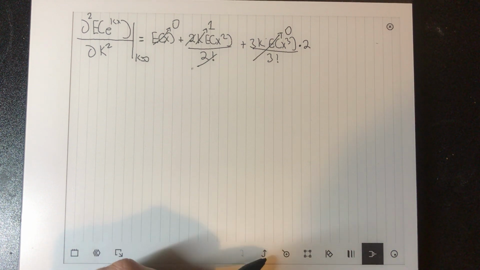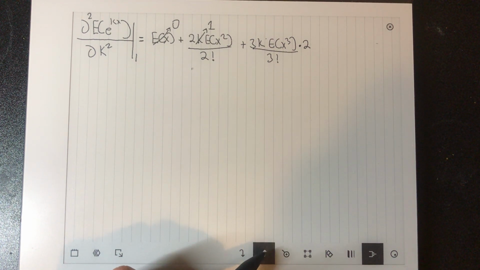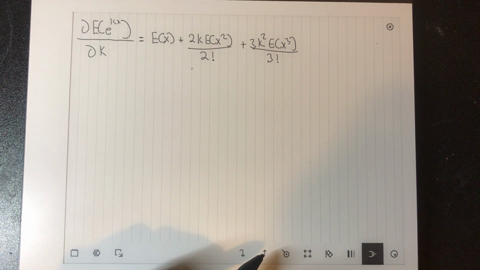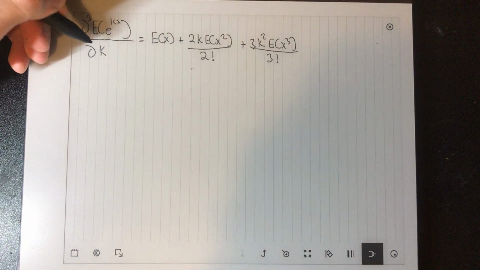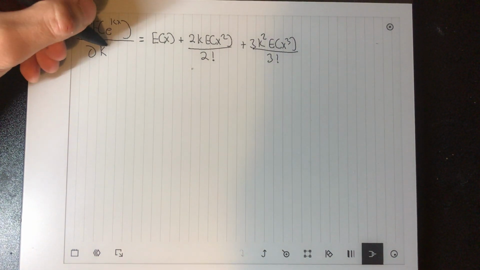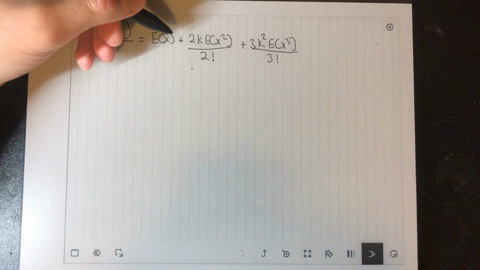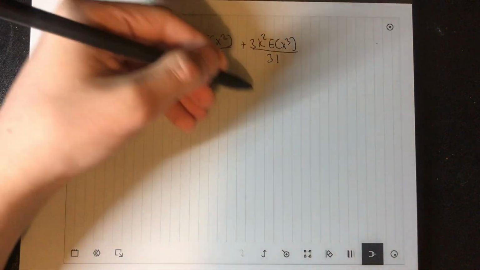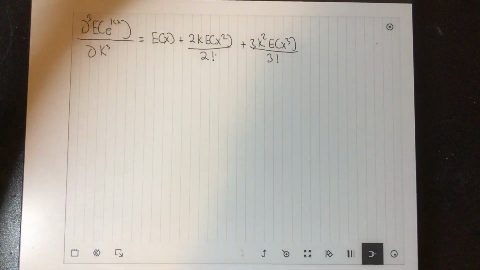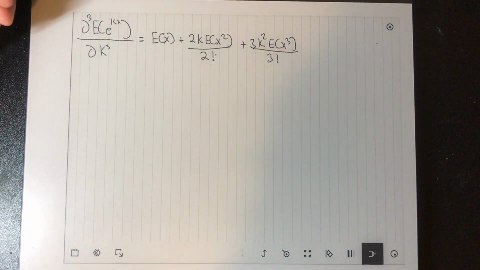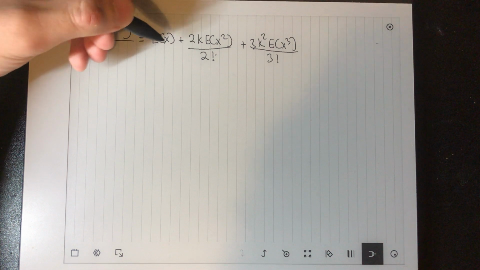So let's attempt this one more time for the third derivative. Remember, this is the equation for the first derivative, so we had to take the derivative 2 more times to get the third derivative.